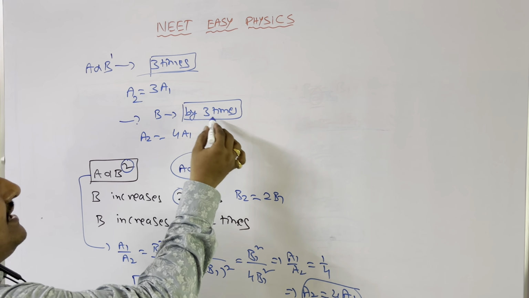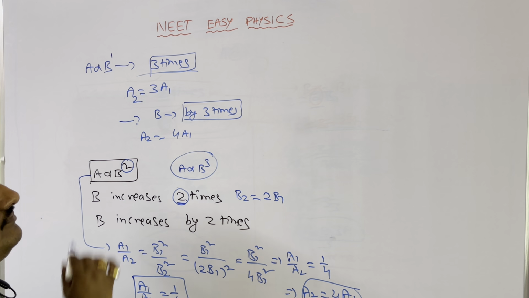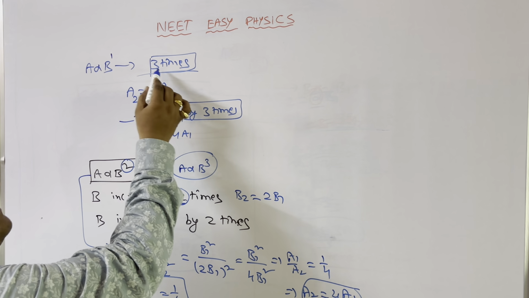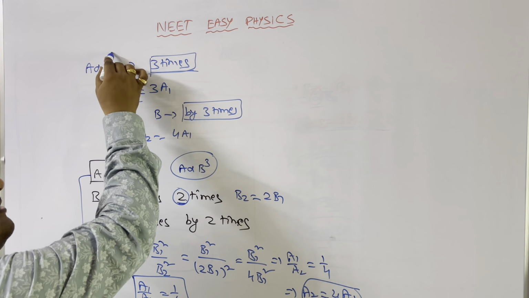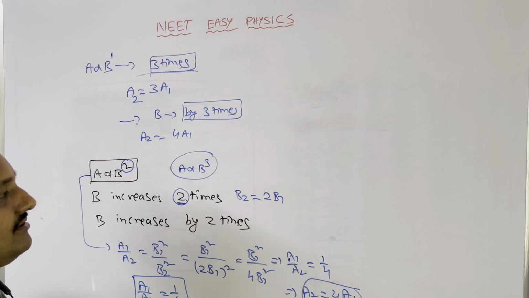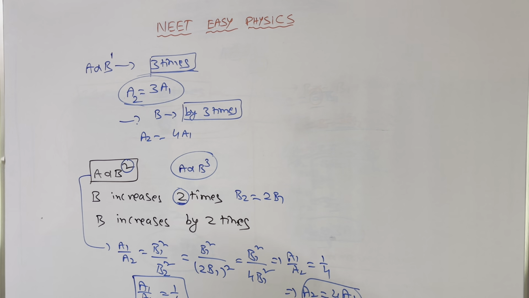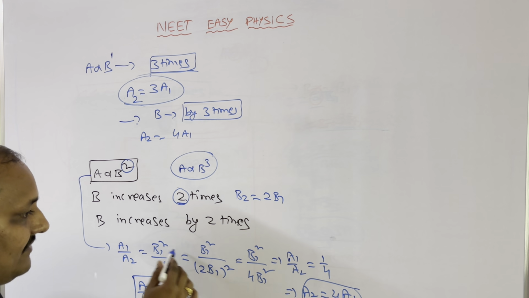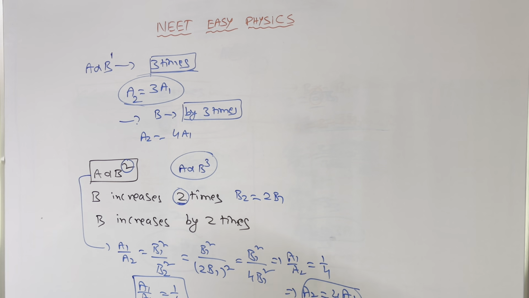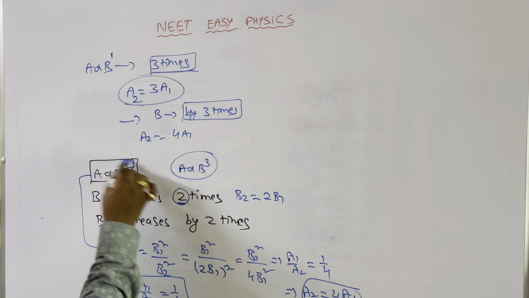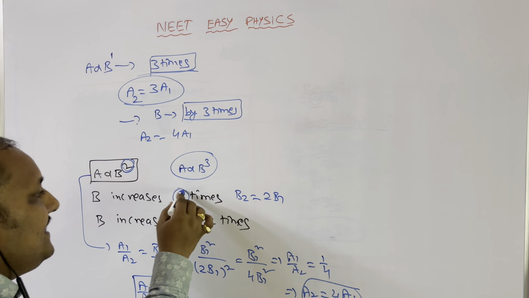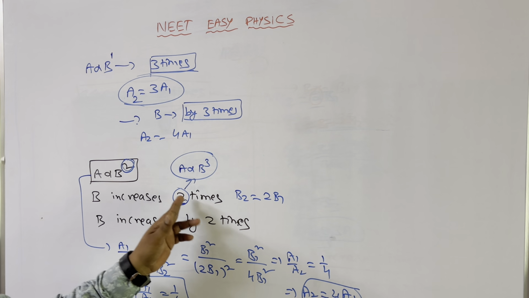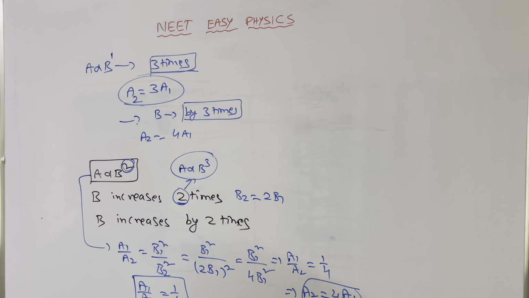Whenever power 1 is there, 2 gives 2 times, and B increases 3 times gives 3 times. Correct? Now when square is there, 2 times means you get 4, 3 times means you get 3 square, 4 times means you will get 4 square. When cube is there, increases 2 times means 2 cube. It is going to become 8 times. Isn't it?